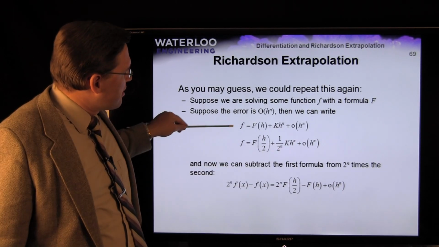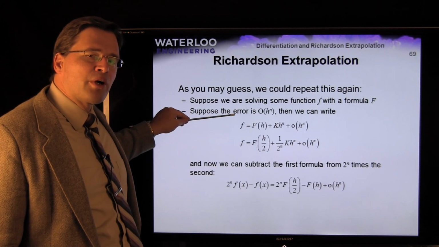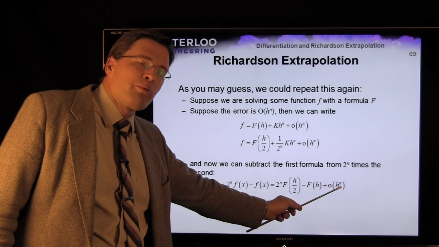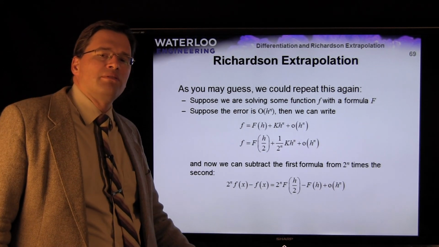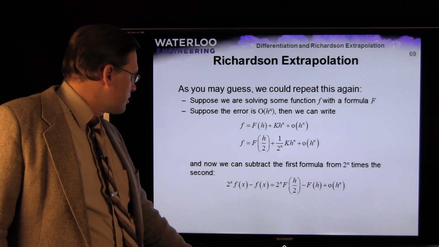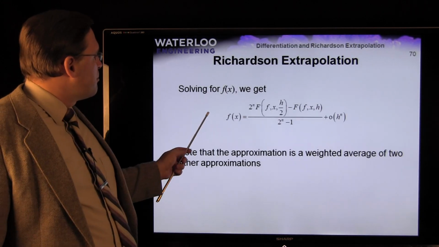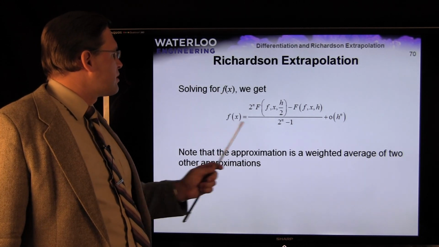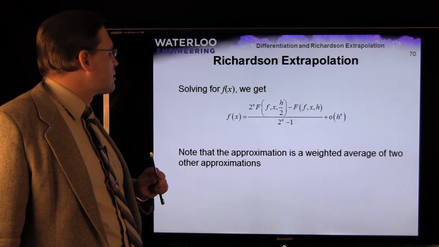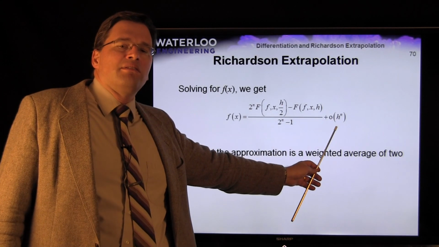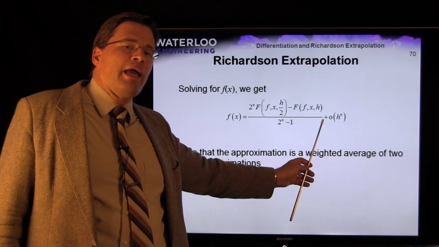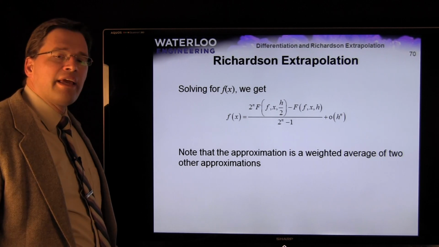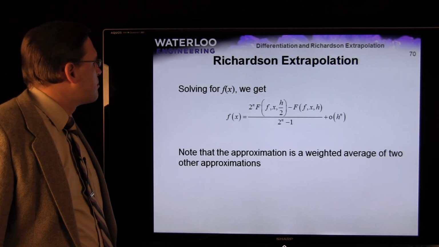If we multiply this by 2 to the n and subtract off that term, we cancel both of these terms out, and all we're left with are the lower order terms in the error. Solving this means that if we take 2 to the n times this approximation minus the coarser approximation, we lose the h to the n error, and we're left with lower order terms. And again, it's just a weighted average of the two.